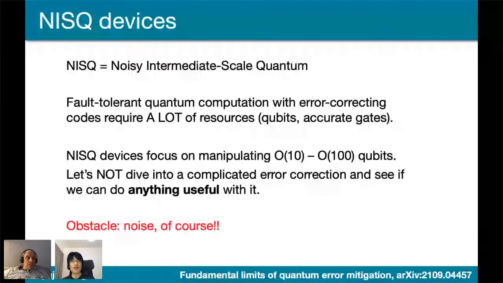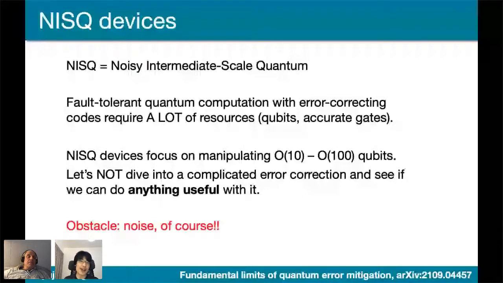On the other hand, we now have access to about 50-qubit quantum computers. So now is a good time to ask about another paradigm, NISQ devices, which focus on manipulating tens to hundreds of qubits without diving into such complicated error correcting codes that would require 10^7 qubits, and still trying to see if we can do anything useful with it.